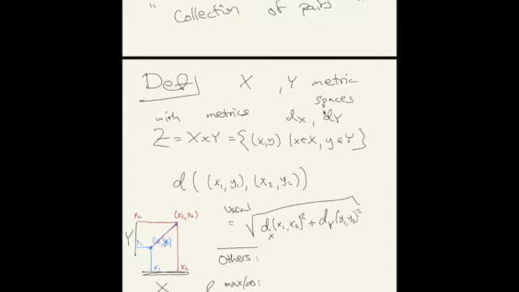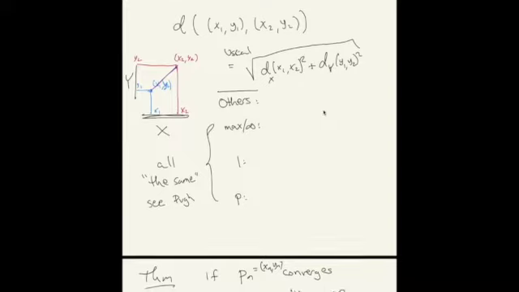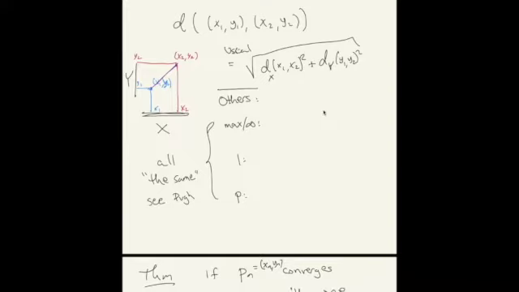This is like a generalized Pythagorean identity, but we just define this as the distance. One can verify that this satisfies the triangle inequality. That's a fairly involved proof; see Pugh's book if you want.